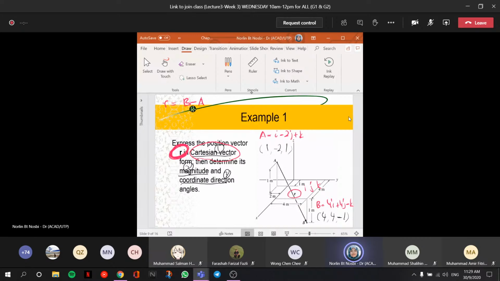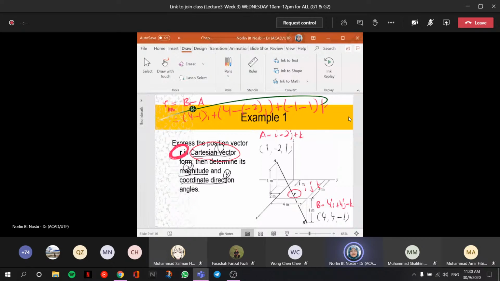Each component must be the same. 4 minus 1 for i, plus 4 minus negative 2 for j, then plus negative 1 minus 1 for k.